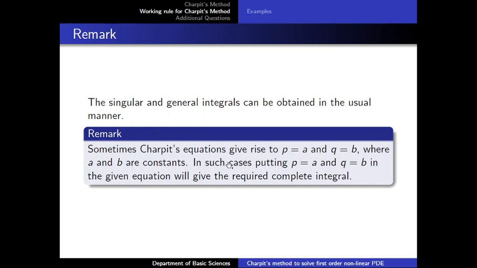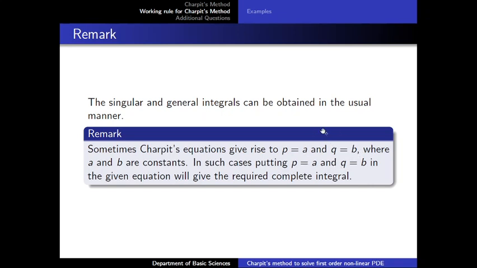Sometimes Charpit's equations give rise to p equal to a and q equal to b. p is dou z by dou x, a is an arbitrary constant. That means sometimes the first order partial derivative is a constant and q, dou z by dou y, is also a constant.